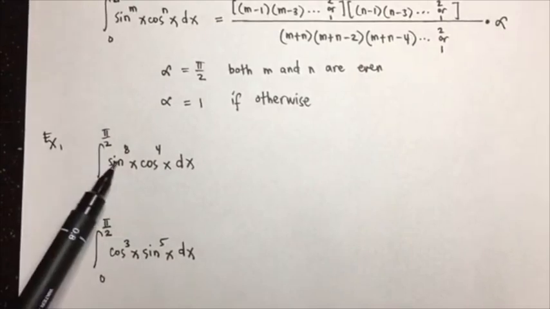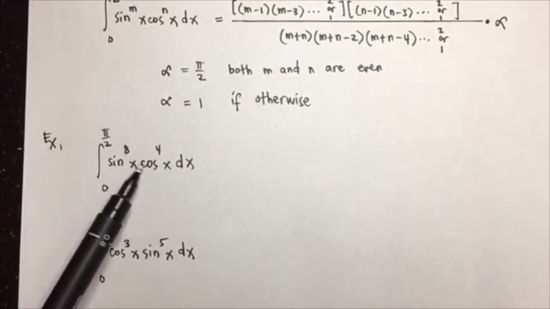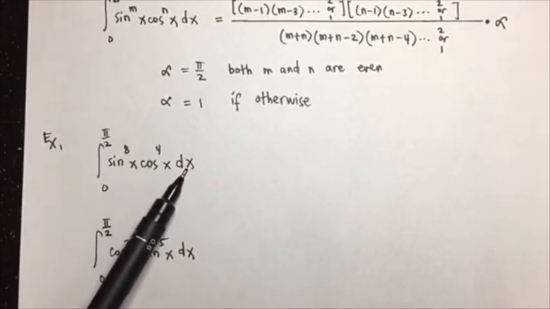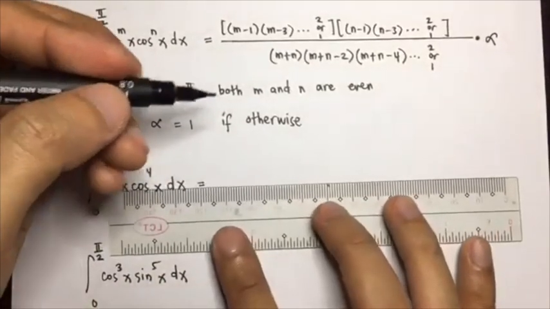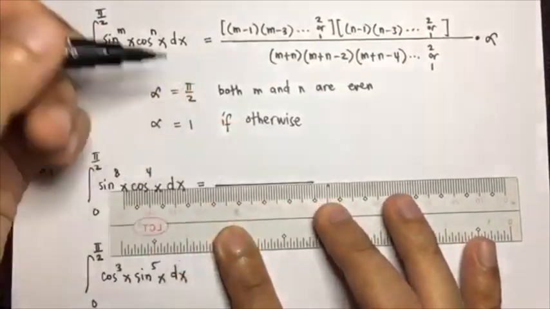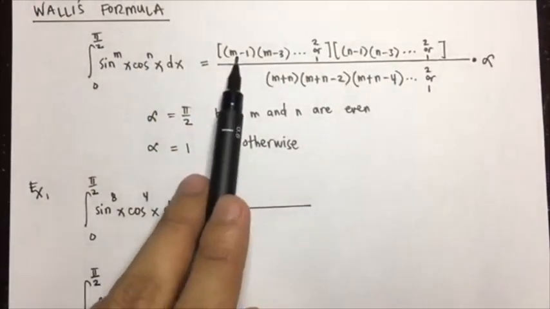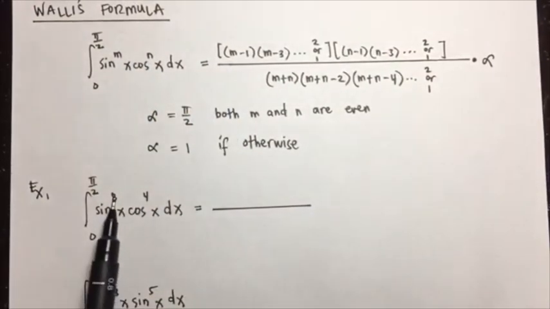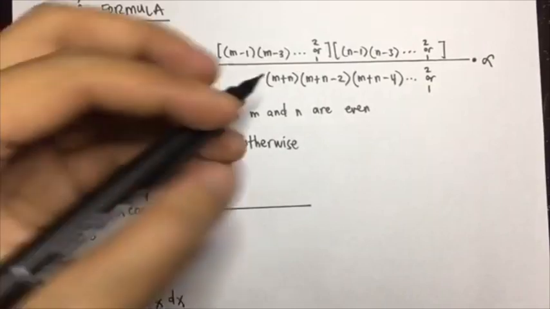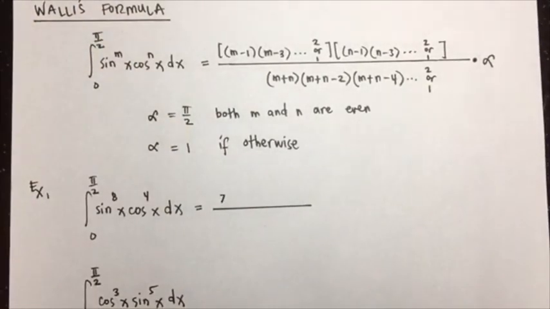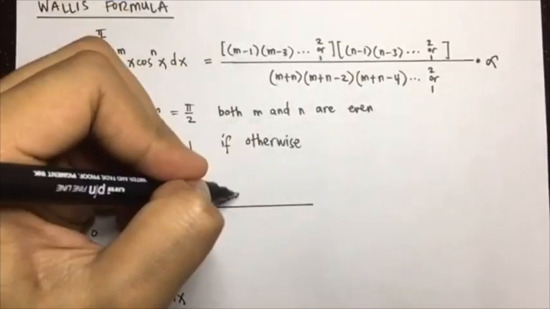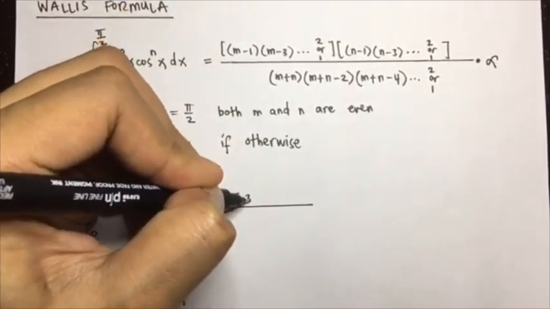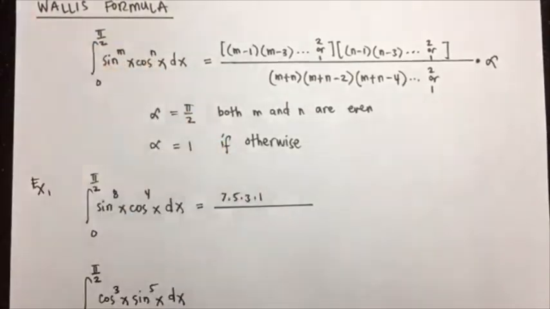Say for example we have this one: the integral of sine to the 8th x cosine to the 4th x dx. Using the Wallis formula, we start with m minus 1. Our m is 8, so m minus 1 is 7. We start with 7 multiplied by 5 multiplied by 3 multiplied by 1.